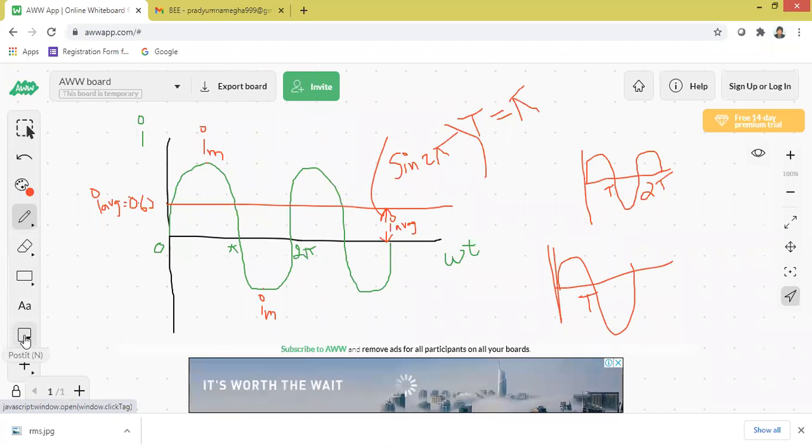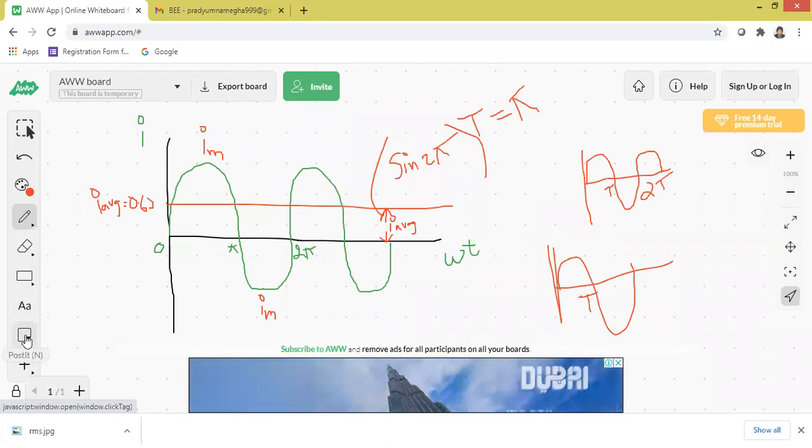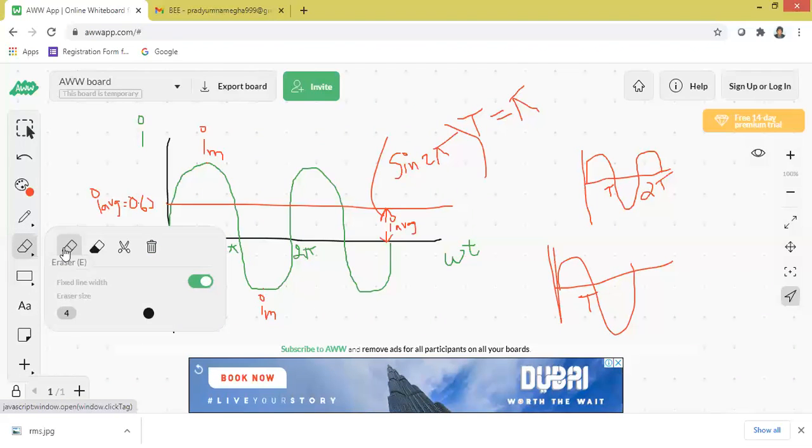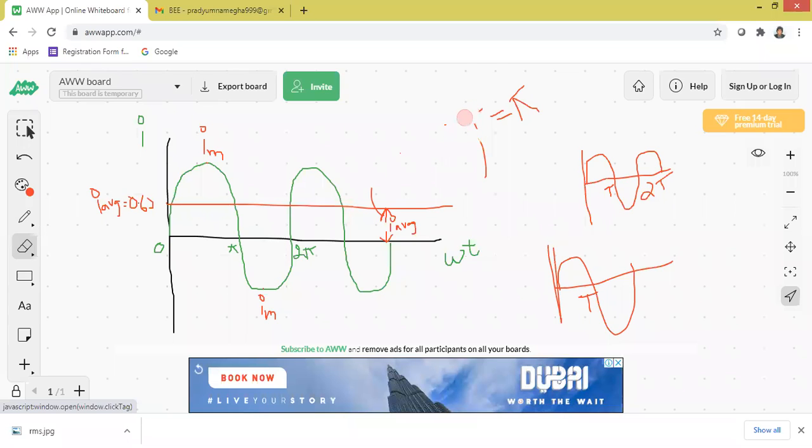So what is the formula for RMS current? Just now we have done it: 0.707 into Im. Now you tell me which current is greater, average current or RMS current? Average current, what is the value we got? 0.637 into Im. Yes. RMS current is greater.